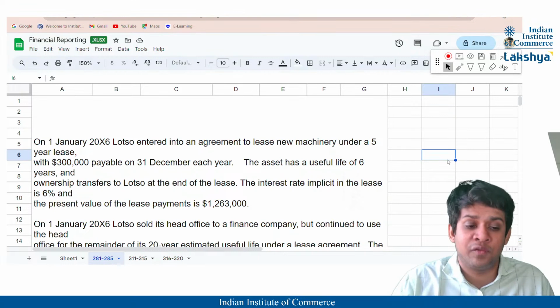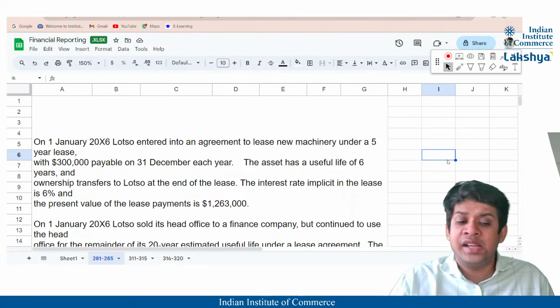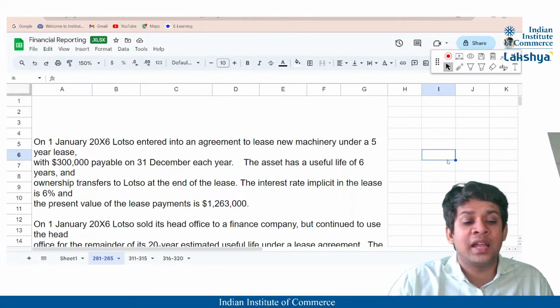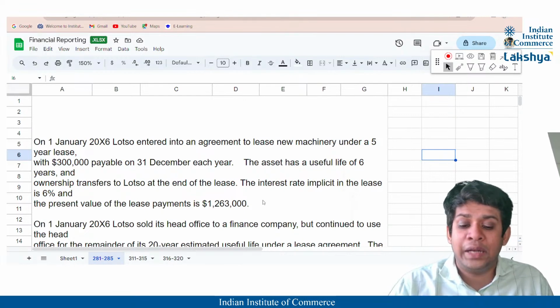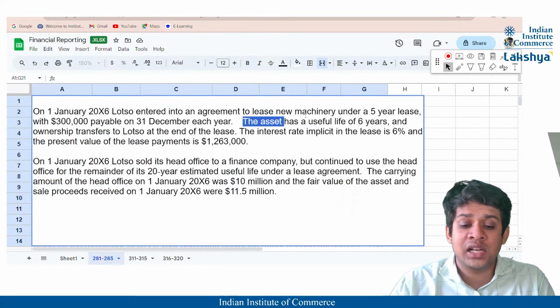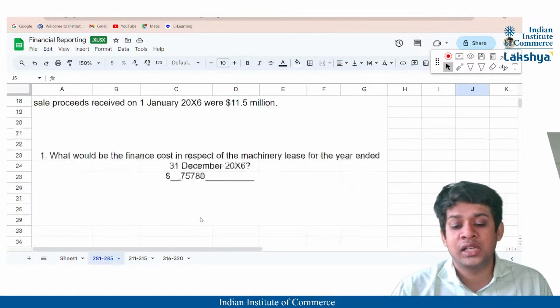If he has the asset with him forever as a lessee, then obviously he has to calculate the depreciation on the complete useful life of the asset, correct? The complete useful life of the asset, you can see here, they've stated that the asset had a useful life of 6 years. So the depreciation should be charged using the asset's useful life of 6 years.